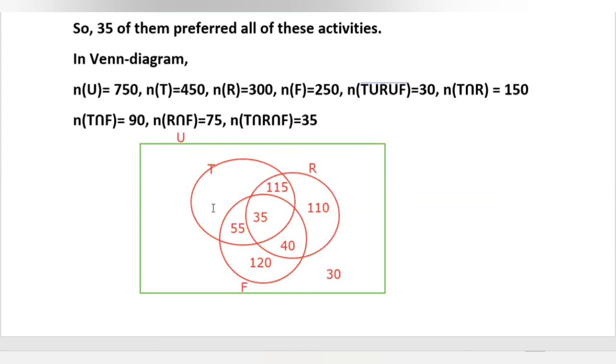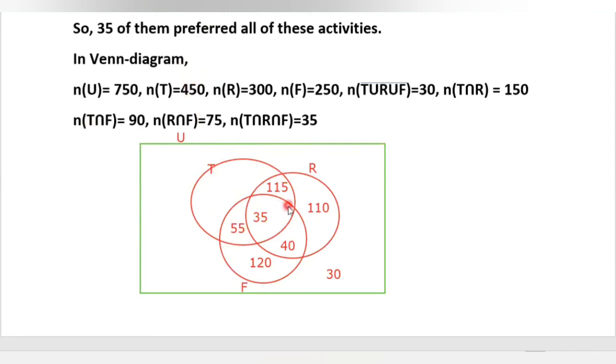So N of T is 400. Similarly, you can see 115 here, 35 here, 50 here. This is the area of T. The number of members inside here should be equal to N of T. Also 55, 35, 115 are already there. So how much do we need here? The total is 450.